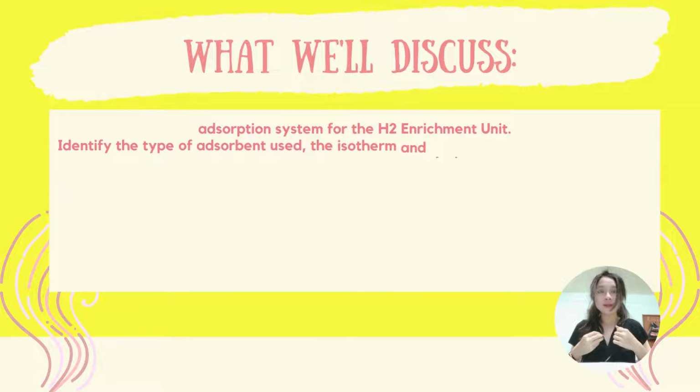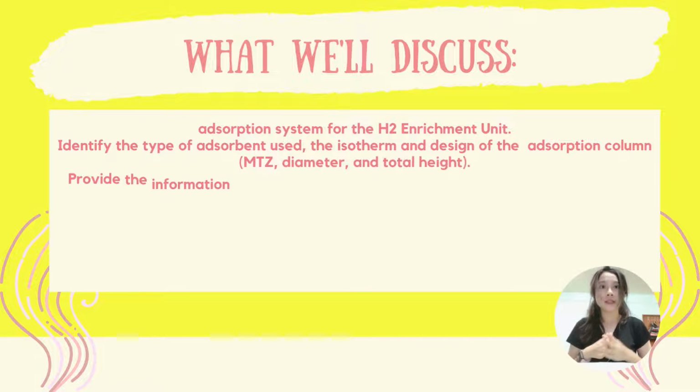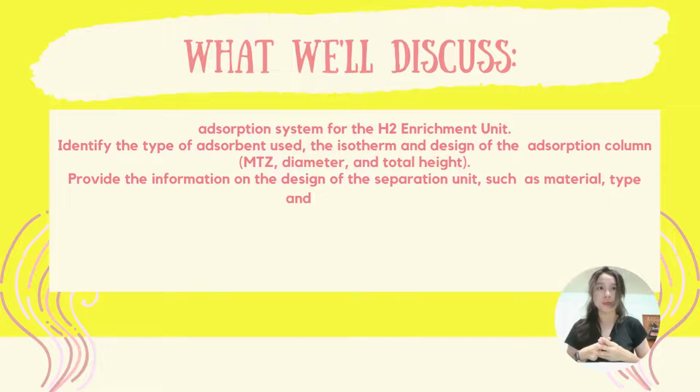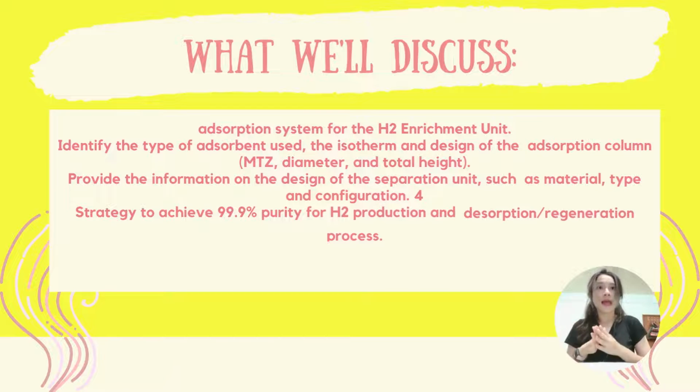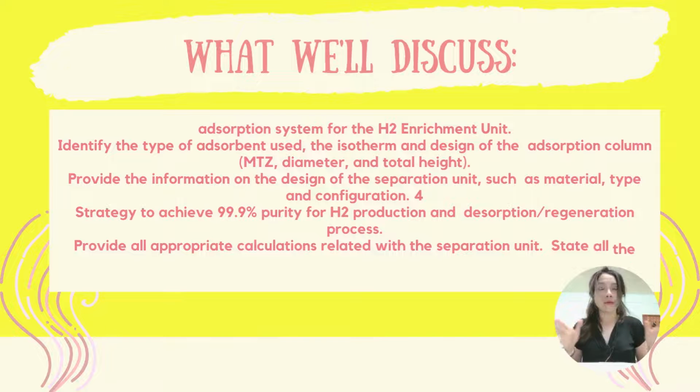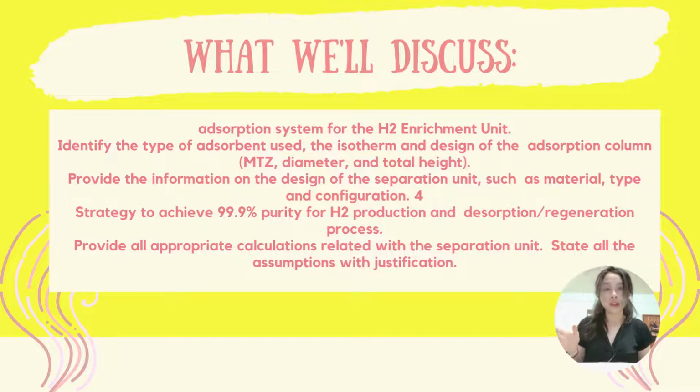Next, I would like to brief you on the selection of the hydrogen enrichment unit. The hydrogen enrichment unit that we are going to select is pressure swing adsorption, known as PSA technology. The reason we choose PSA is because we can extract the hydrogen from the synthetic gas under high pressure.